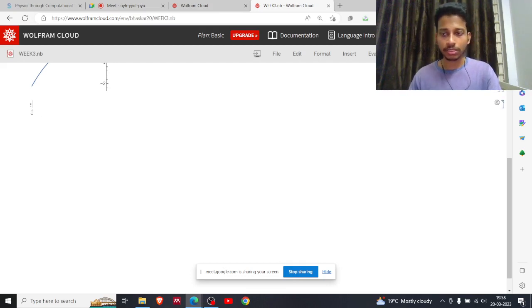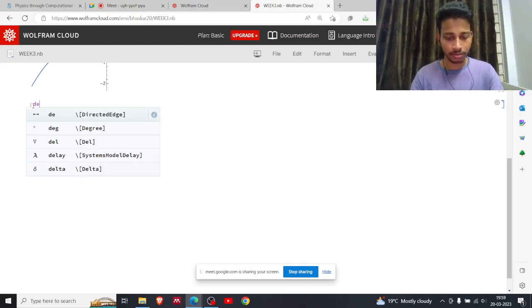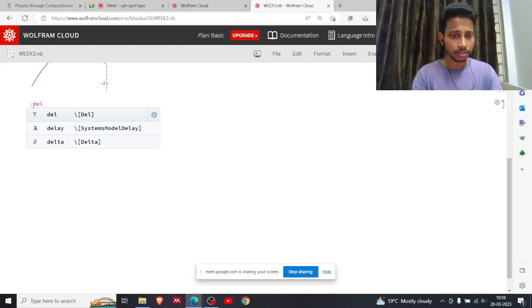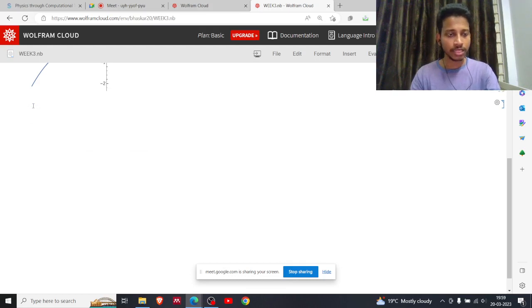Can you type this three dots thing in your Mathematica? How to get these three dots? These three dots come from the escape button.